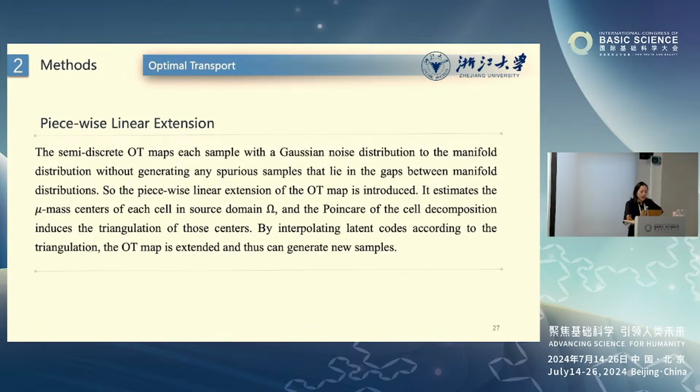So this OT map, each solution lie in the so the dimension of each cell in source domain sigma and cell decomposition in view of those. So by interpolating the OT map and new samples we need.